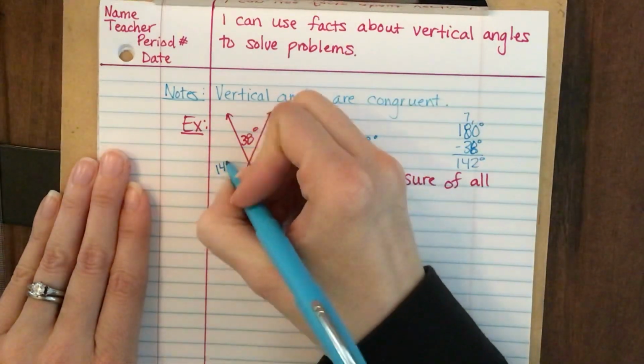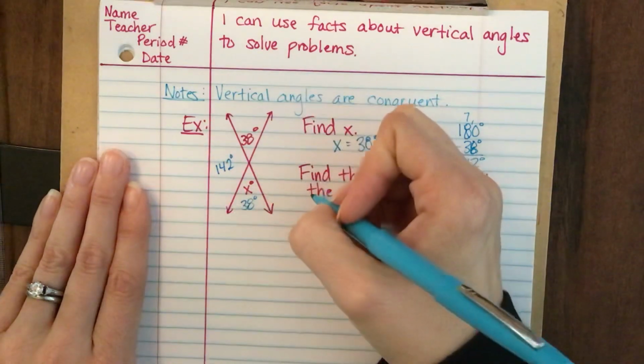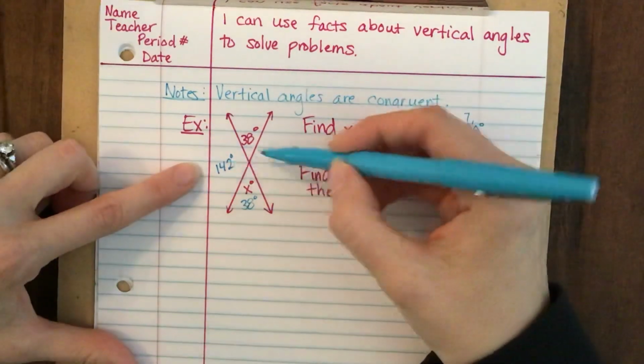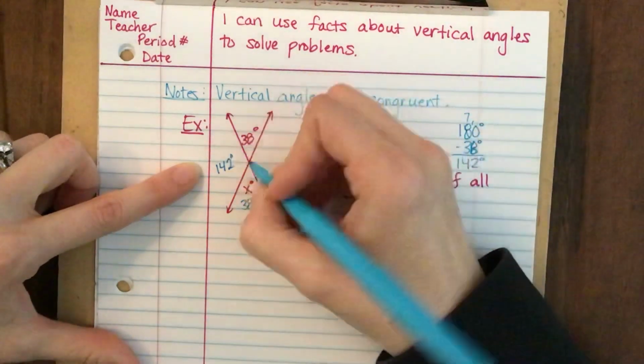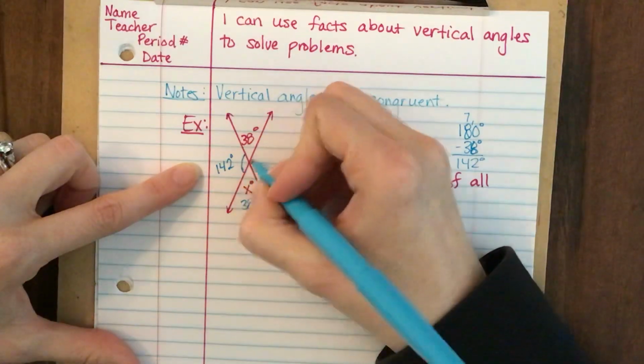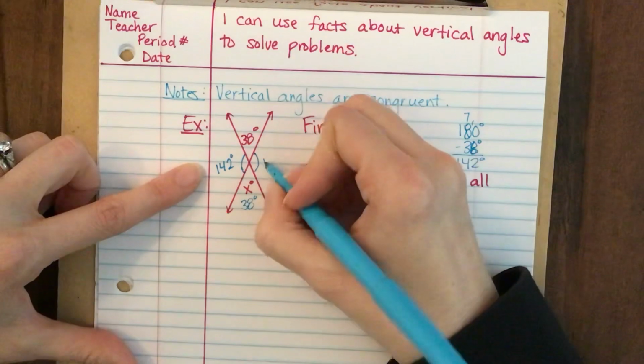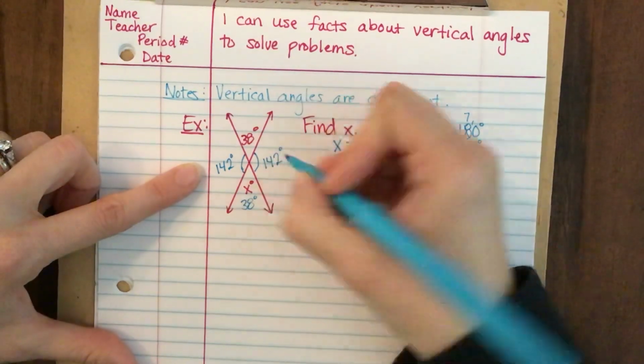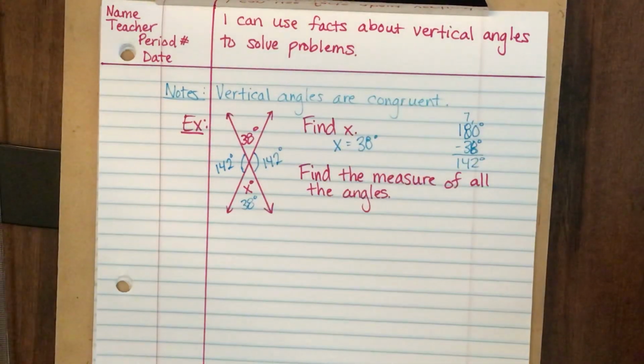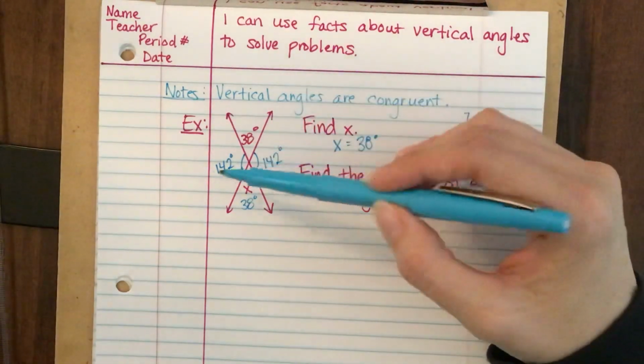That means this is equal to 142 degrees. Well, let's make this easy. This angle right here and this angle right here are considered vertical angles, which means that this also has to be 142 degrees.